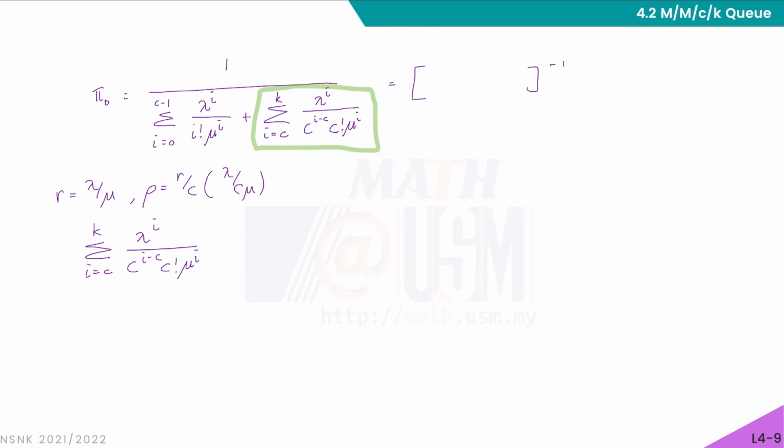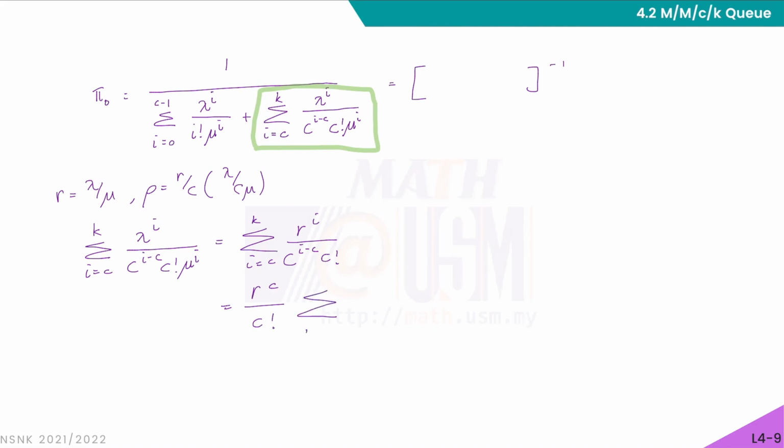So you're going to rewrite it, and then we will get R to the power of i over C to the power of i minus C times C factorial, by taking out R to the power of C over C factorial.